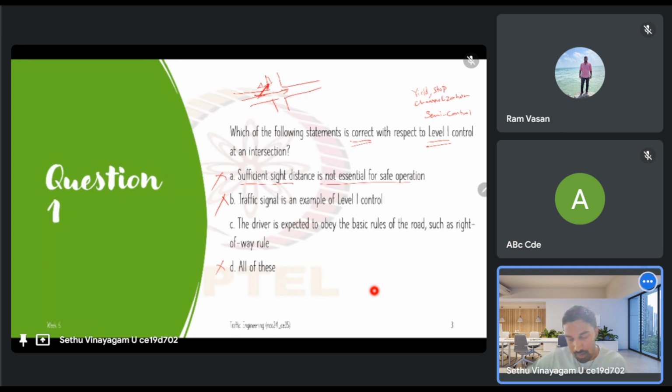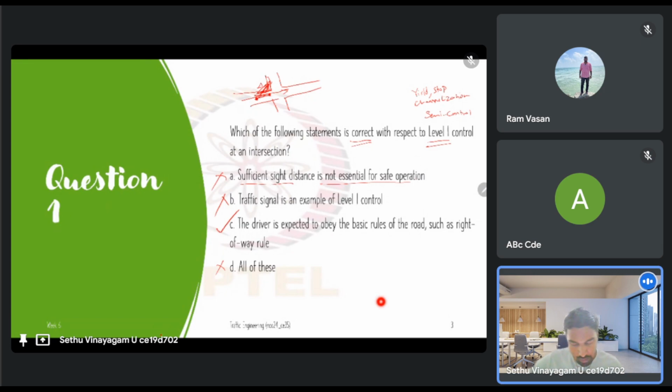Which means this side distance must be available. This is what we call the sight triangle. If it is not safe, they must be able to come to a stop, right? So that stopping distance should be available for them when they are able to look at the other approach. That is required for safe operation. So A is also not right, which means that C is the right option.